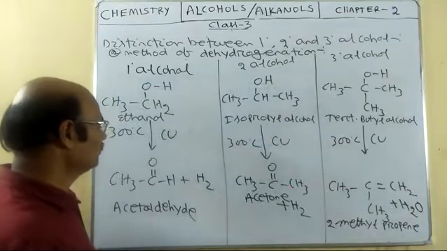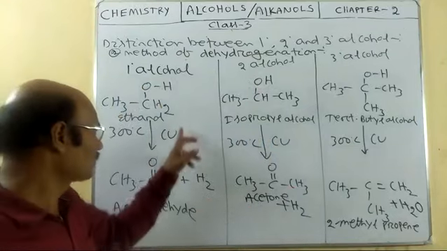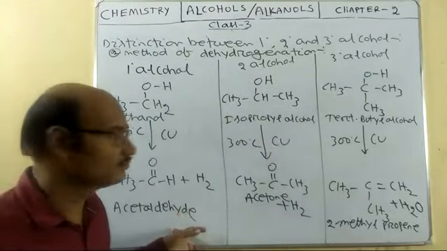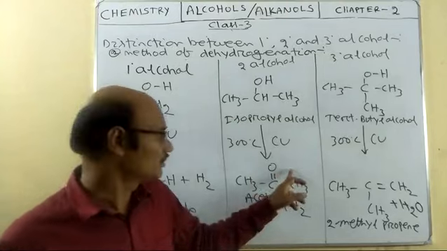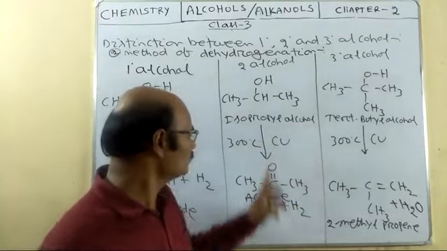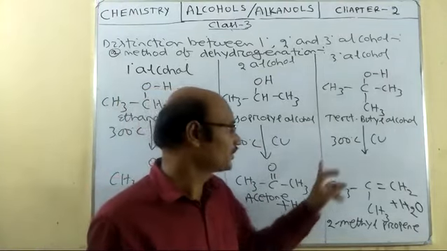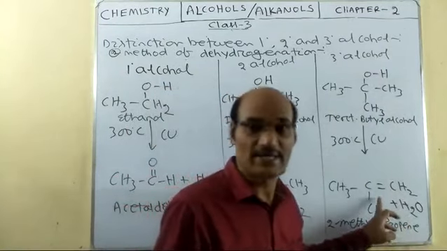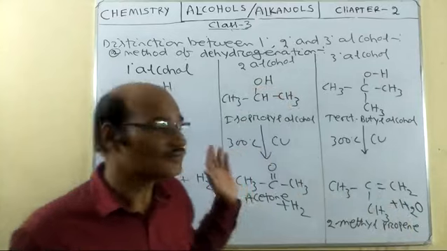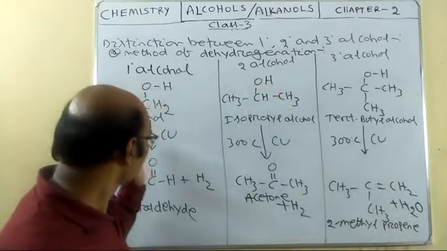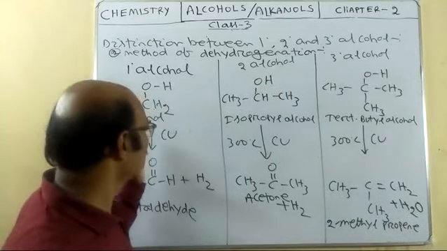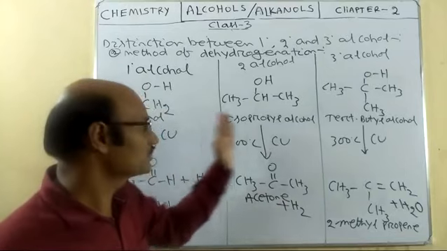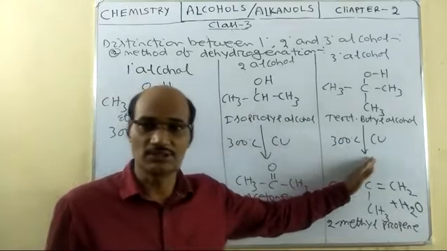So primary alcohol dehydrogenation converts to aldehyde, secondary alcohol dehydrogenation converts into ketone, tertiary alcohol dehydration converts into alkene. So these are the three reactions that distinguish between primary, secondary, and tertiary alcohol.